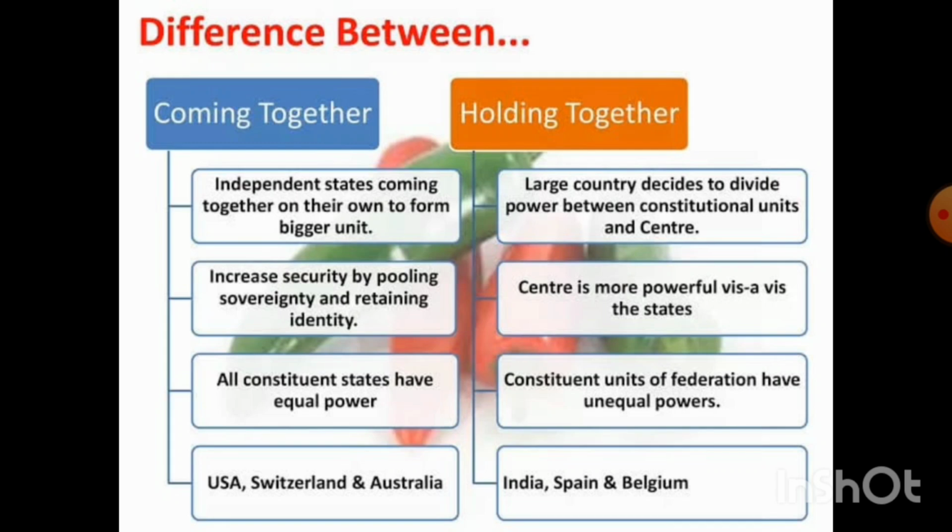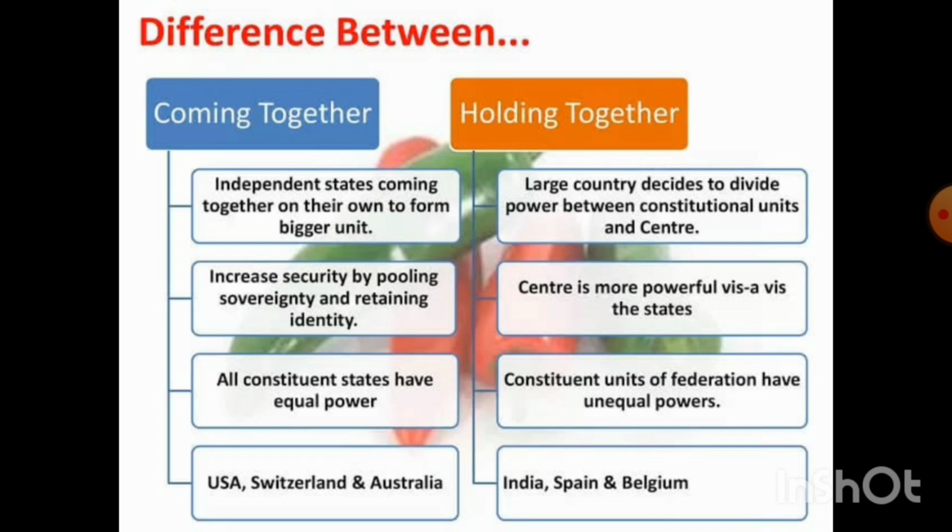Next, coming to the second way of federation. This is where a large country decides to divide itself between the constituent states and the national government. India, Spain and Belgium are examples of this kind of holding together federation. In this second category, the central government tends to be more powerful as compared to the state governments.